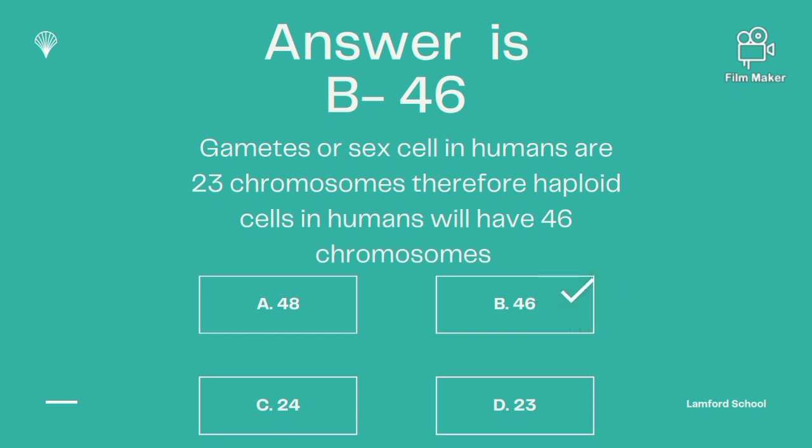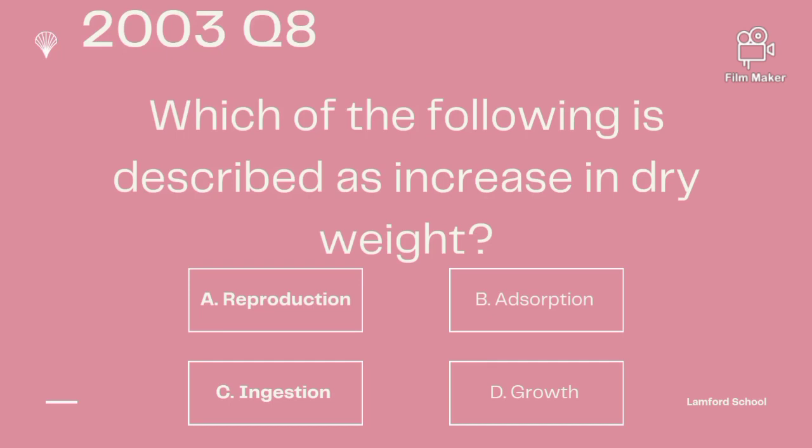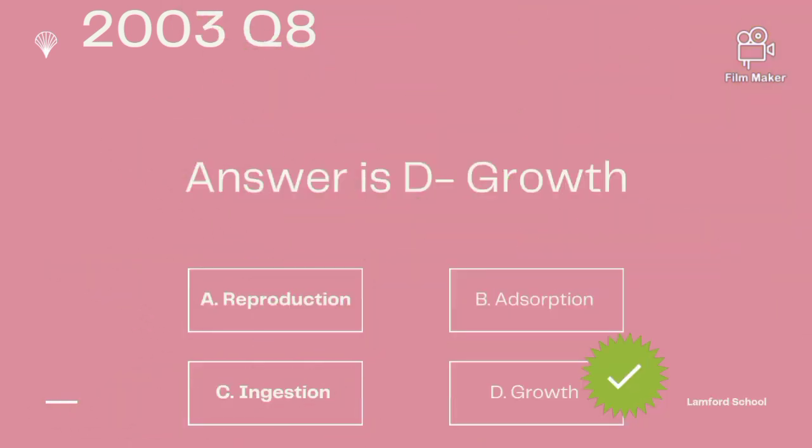The next question is question 8 from 2023, and it says, which of the following is described as an increase in dry weight? A. Reproduction, B. Absorption, C. Ingestion, and D. Growth. Think and pick your answer. The correct option is option D, growth.